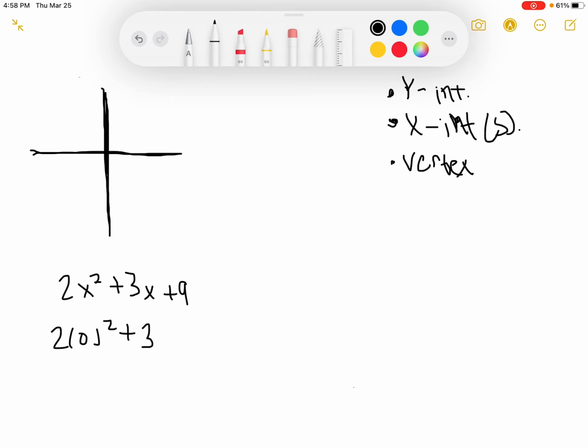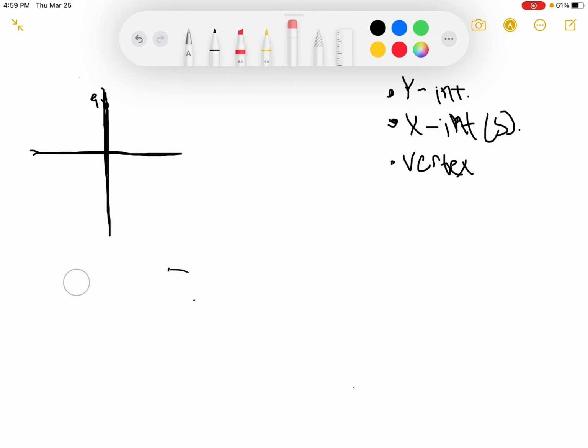So let's plug in 0 where x is. 0 squared is 0, 2 times 0 is 0, 3 times 0 is 0, leaving us just with 9. So that makes sense, that it's easier just to know that that's what it is. But let's just plot this right here, 9. That's going to be the y-intercept. So that's how we find that.